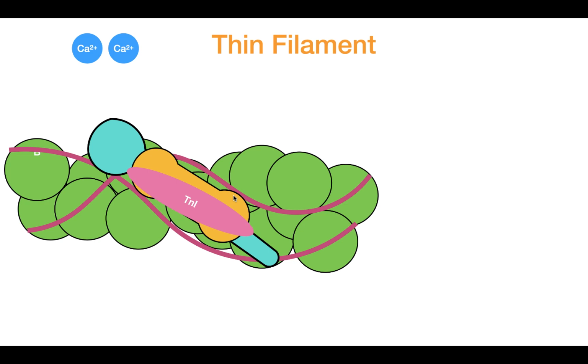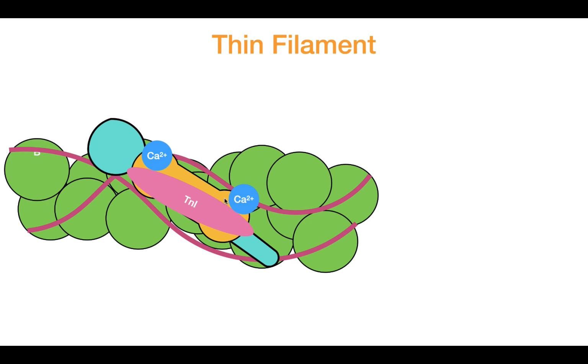Calcium, as we said, is going to bind to troponin C, and this is going to initiate a conformational change in the troponin complex. The troponin complex is the complex of the three troponin proteins that we talked about: troponin C, troponin I, and troponin T.